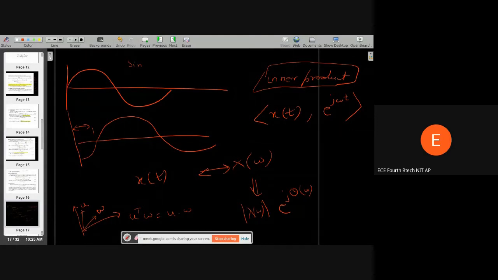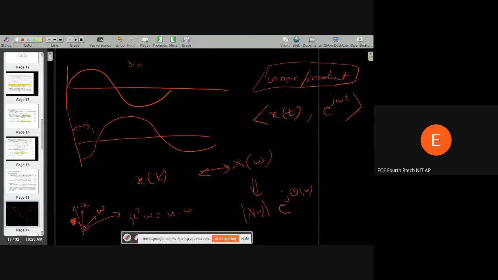When u and w are in the same direction, when they are equal, you will get the maximum value. When they are in the same direction, you also get a very high value. Suppose, however, u is 90 degrees to w, then you will get 0. If it is opposite, you will get -1. So this inner product or dot product gives you the similarity between two vectors.